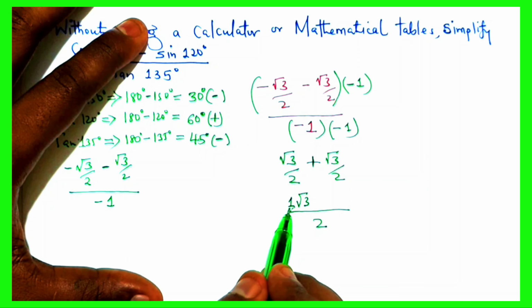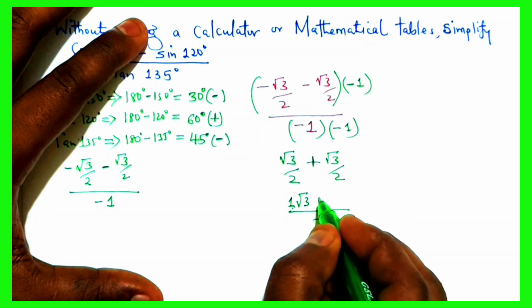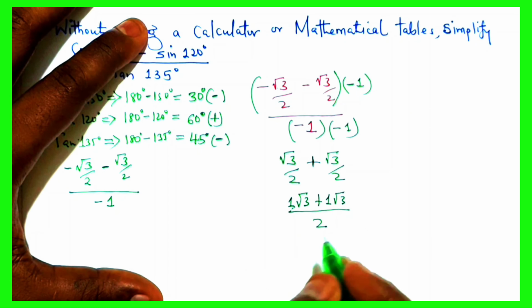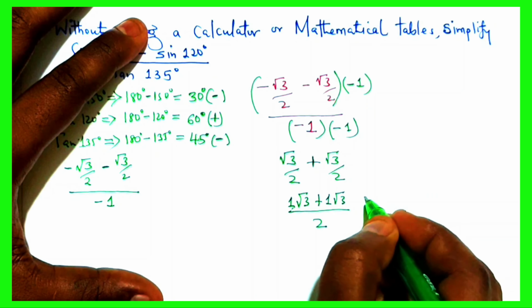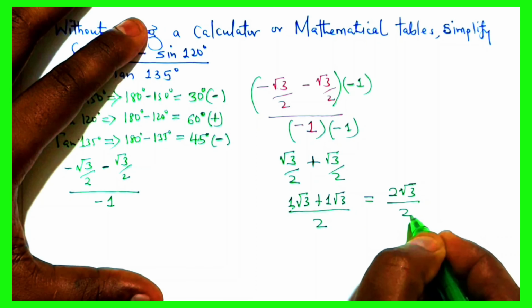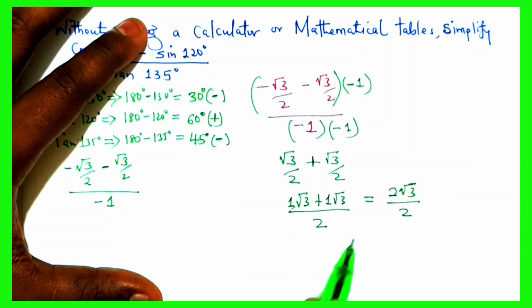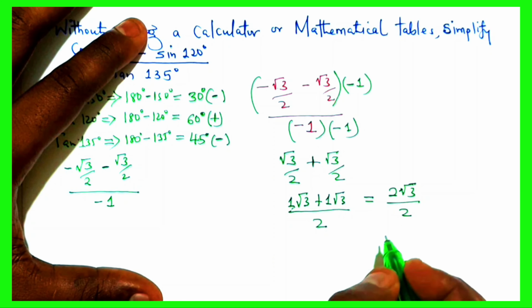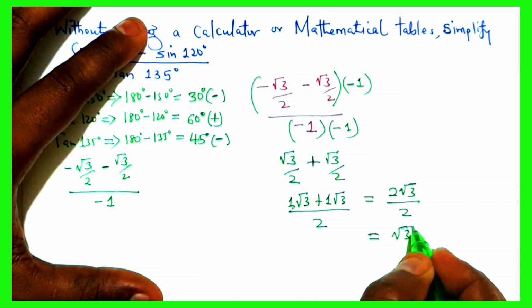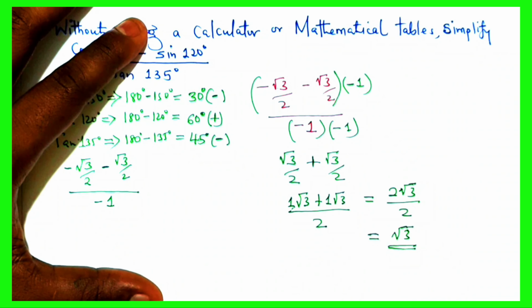I'm capturing this one so that you see that we are dealing with a coefficient here. So 1 root 3 plus 1 root 3. You end up having, this should be equal to 2 root 3 and then divided by 2. And therefore these 2 will cancel and our solution will be root 3. And this is the answer.